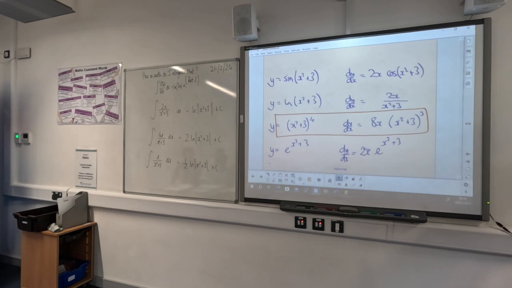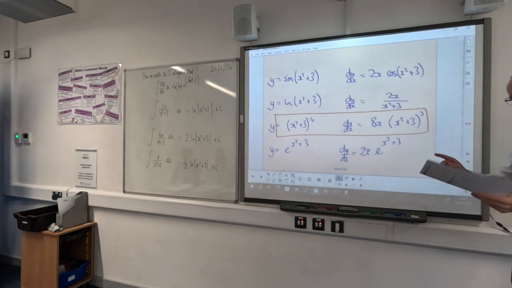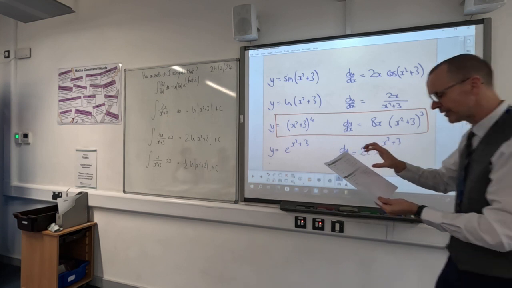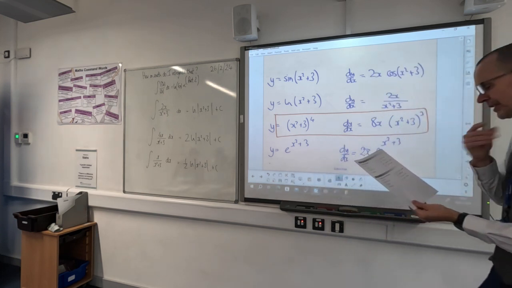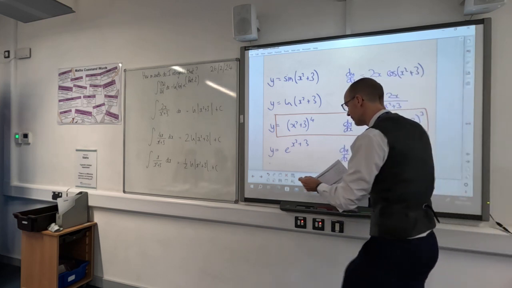So that's f dash of x times f of x to the n. I'm not going to write that formally because I think it looks a bit complicated. Let's look at some examples. If you flip over the page and look at the second batch of questions, that's exercise 8.5.2.